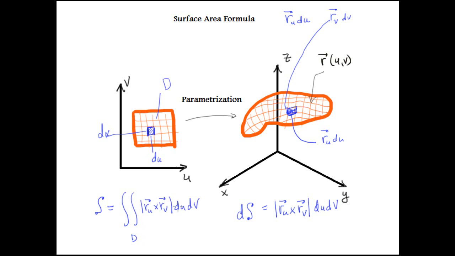This is the formula that we use to compute the surface area in general, not only for graphing parameterization but for a general parameterization using u and v.